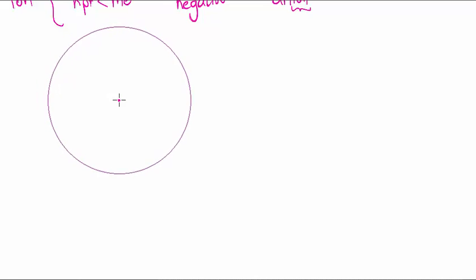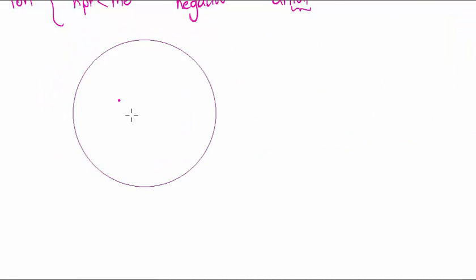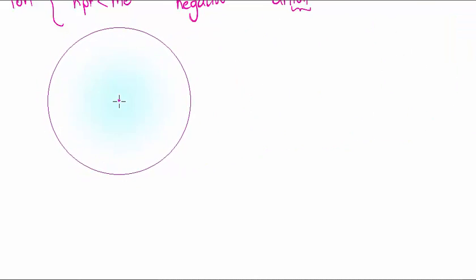Now let me explain a little bit about what the electron cloud looks like and how the electrons orbit around it. So again, my nucleus is very, very small, while the electron cloud that appears around it is really very big.